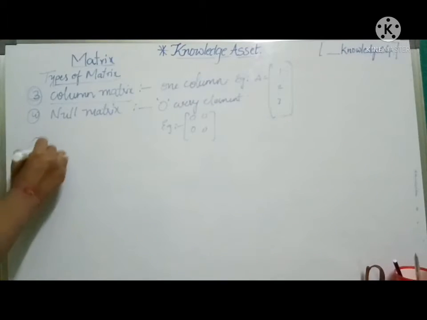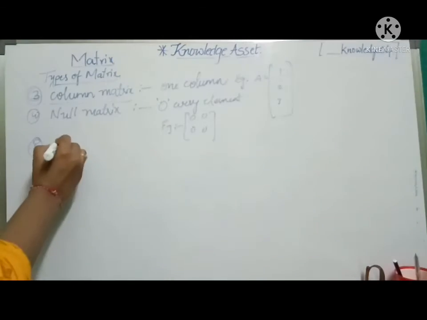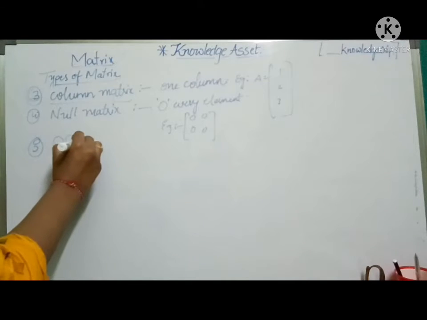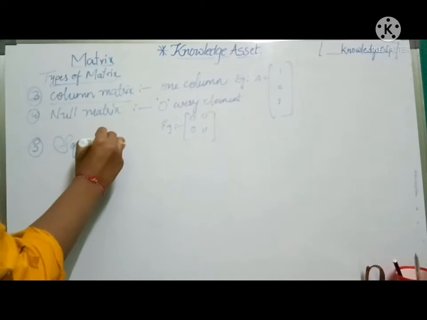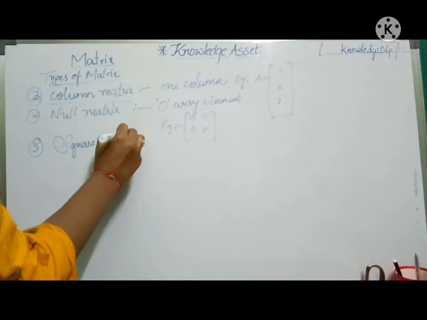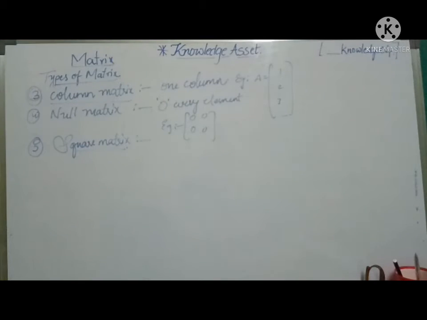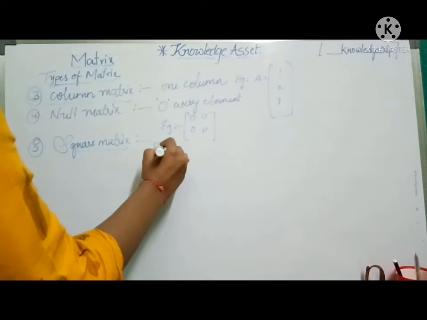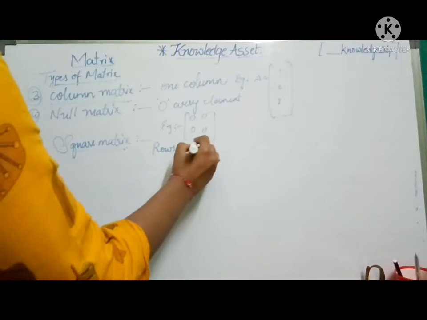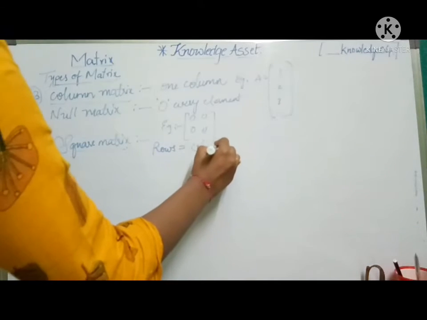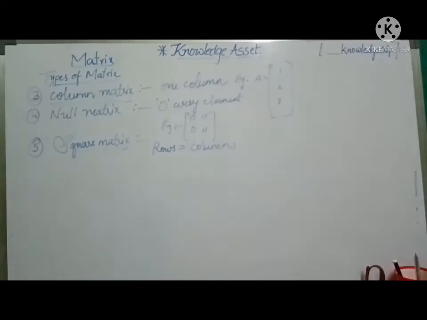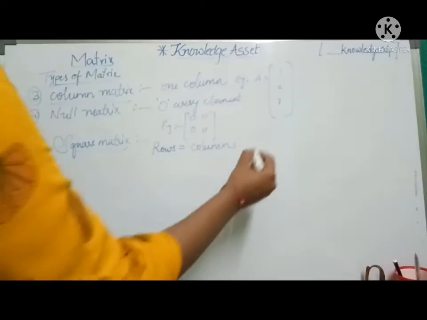Next, coming to the fifth one, the square matrix. A square matrix is a matrix in which the number of rows is equal to the number of columns.